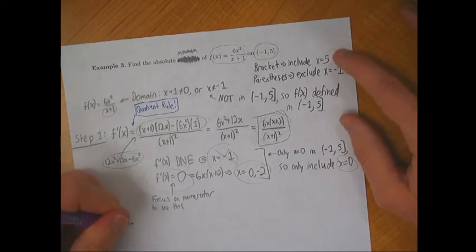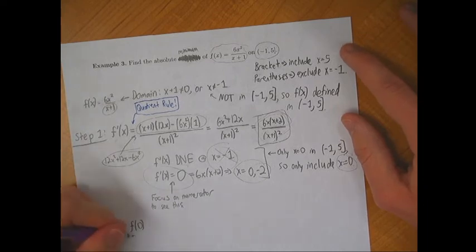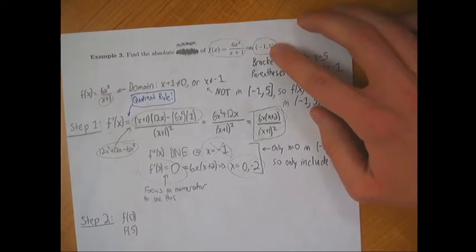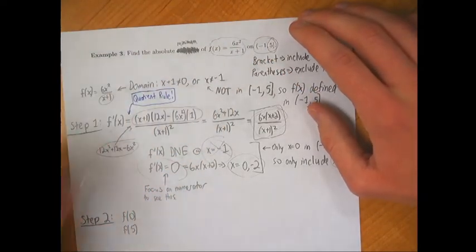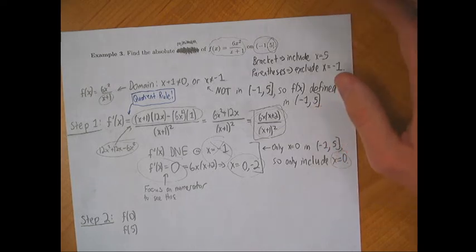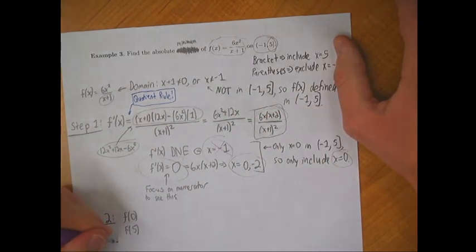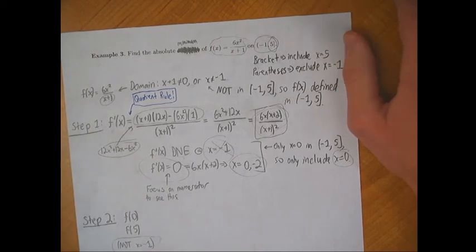So in this case, the only ones we can include are f of 0 and f of 5, because like we said, -1 is not included in our interval, so we only care about putting x equals 5 into our function. Okay? So not x equals -1.